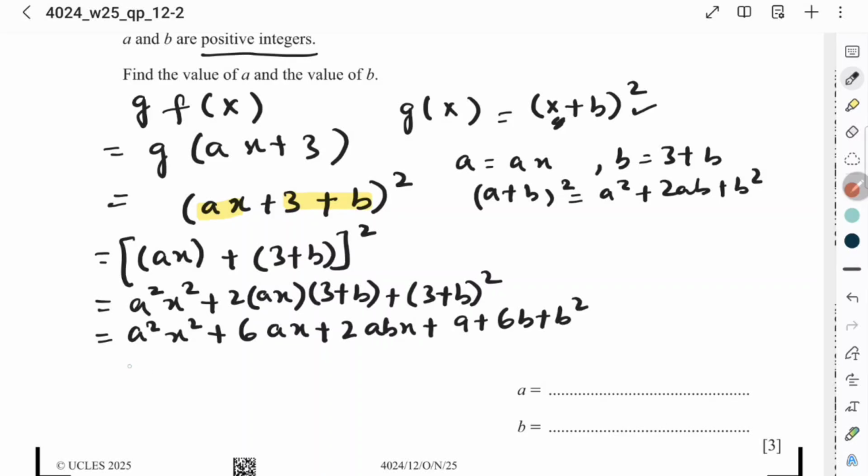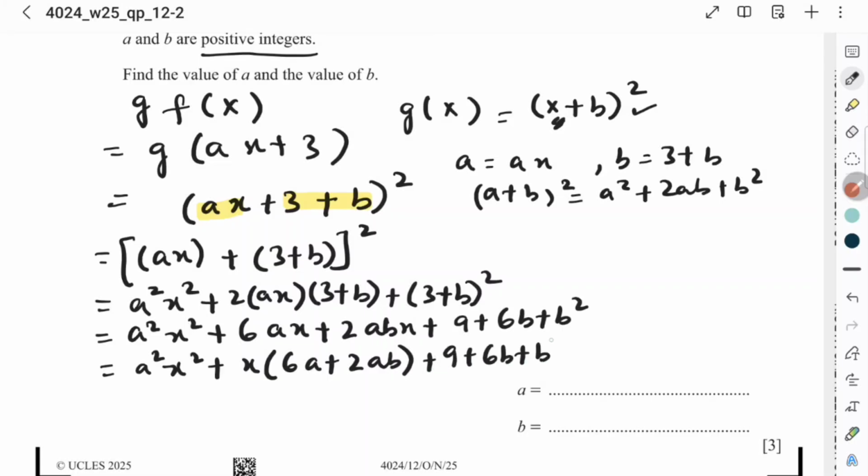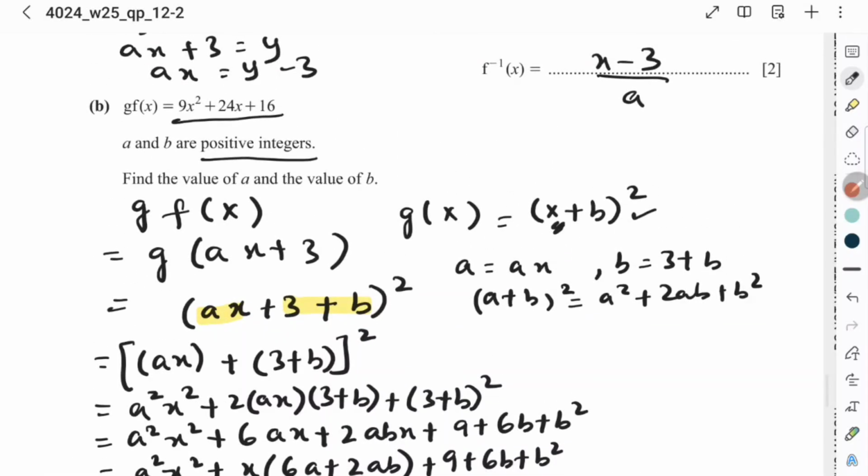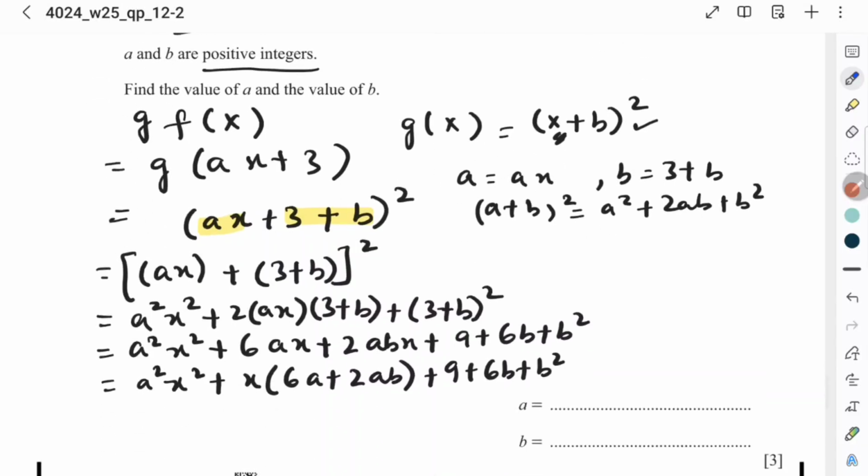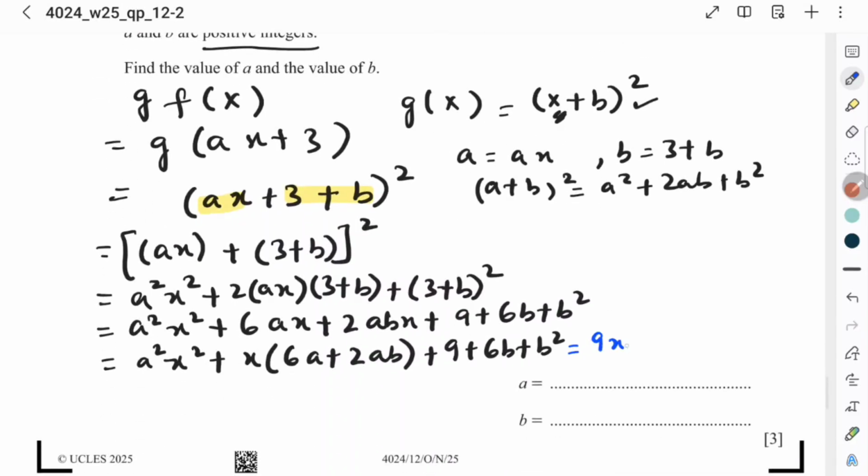Okay. Now unite together a squared x squared and then take x common in this, (6a plus 2ab), and these are constants, 9 plus 6b plus b squared, and that is equal to 9x squared plus 24x plus 16.